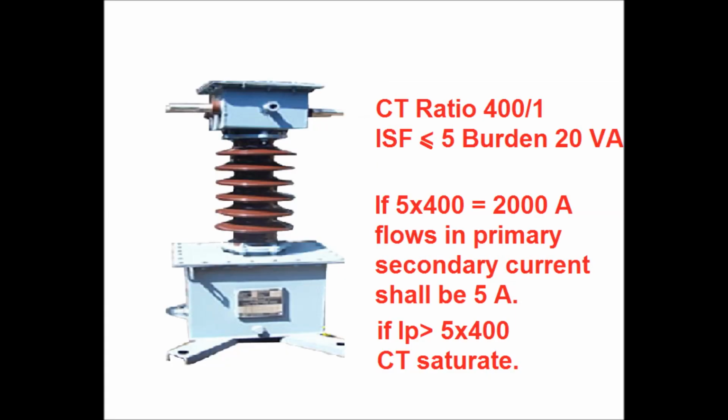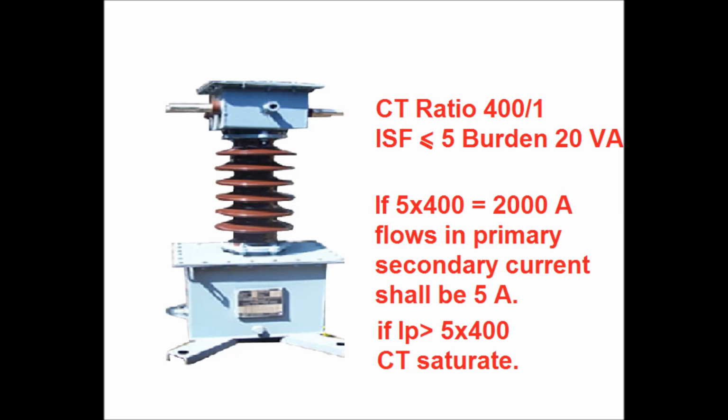So let us elaborate with an example that CT ratio is taken as 400 by 1 and instrument security factor is less than 5, under CT burden of 20 VA. So if 400 ampere current flows in the primary side, then 1 ampere current will flow in the CT secondary side. So instrument security factor is 5.